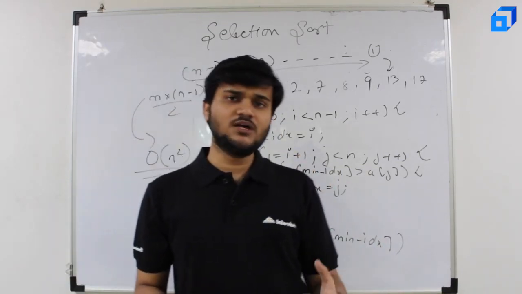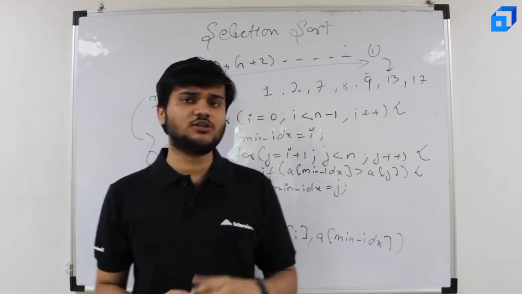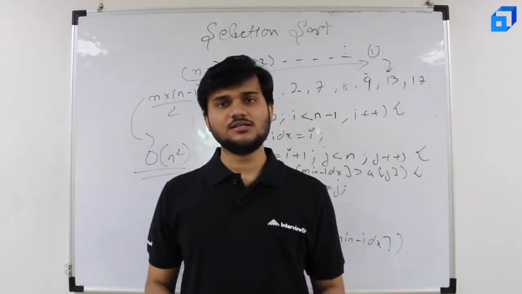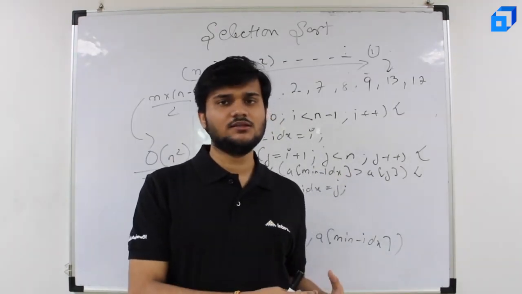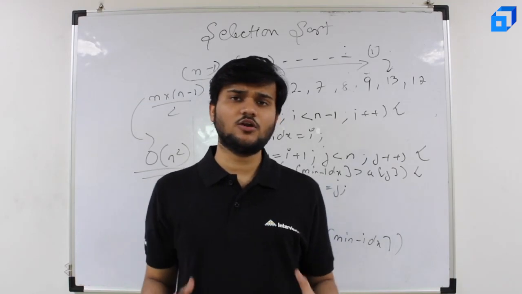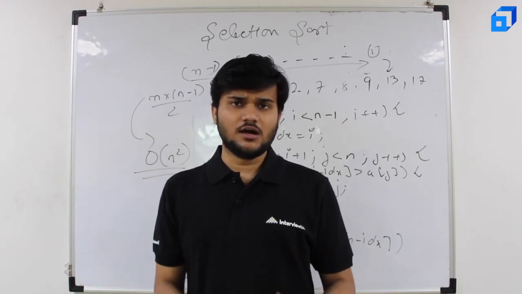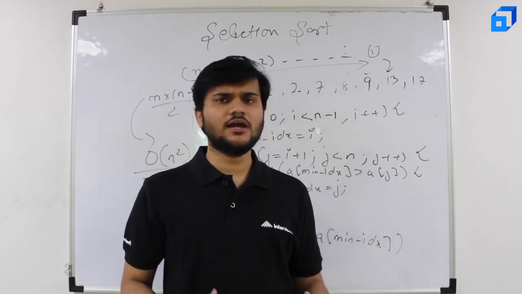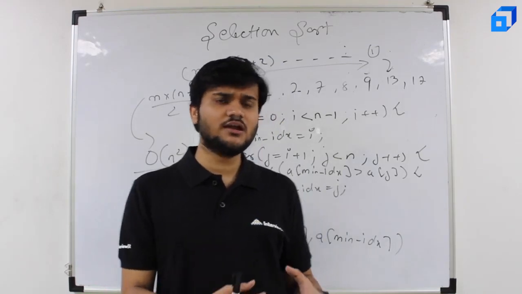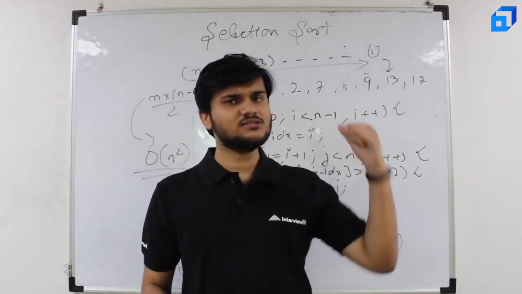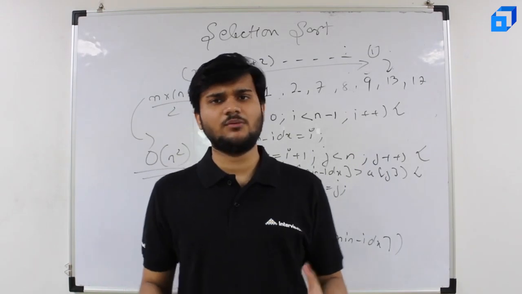I hope the logic for the selection sort algorithm is clear to you all. Whenever you have to minimize the swaps, as in the earlier example with a lot of data on your disk, the selection sort algorithm can perform way better.